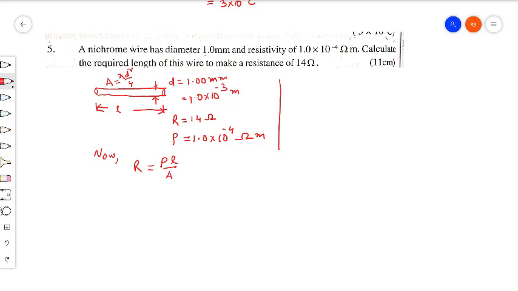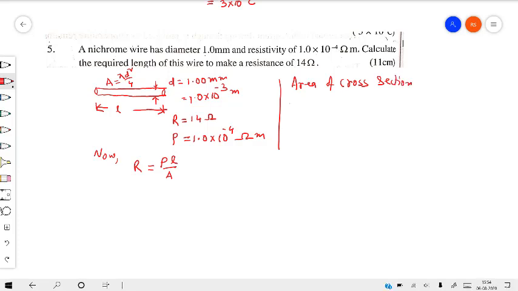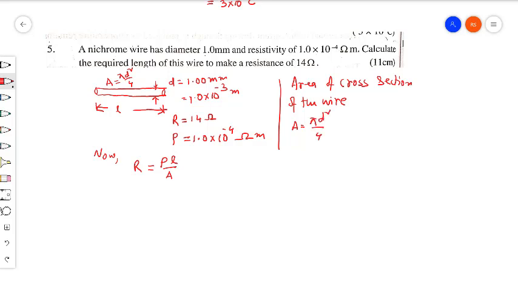Now we can calculate the area of cross section of the wire. Area of cross section A is pi d square by 4.